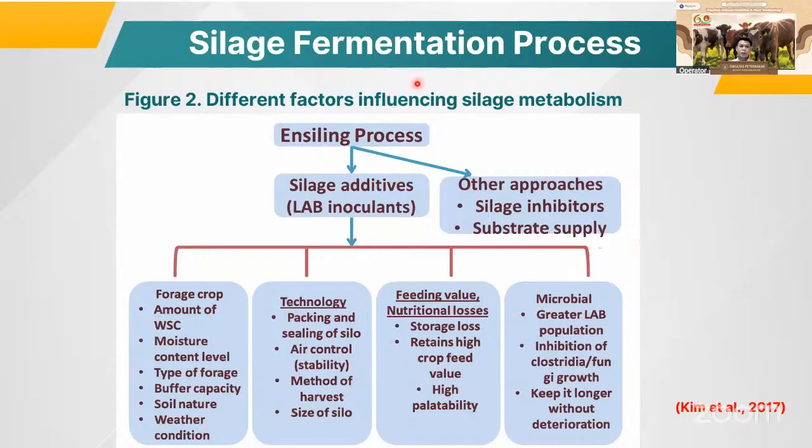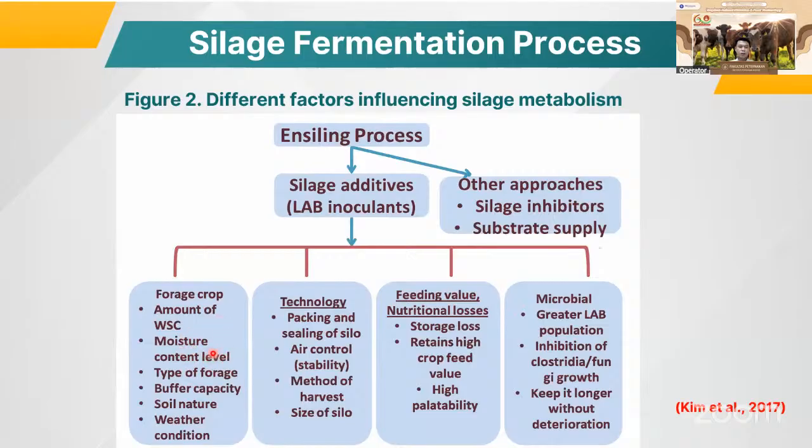So this slide shows the differences. There are many factors that influence silage metabolism during the ensiling process, like silage additives or other approaches that can support the quality of silage. The first factor is the quality of forage crop. It should contain more water soluble carbohydrate that can be supplied to lactic acid bacteria for their growth and synthesis in their cells.